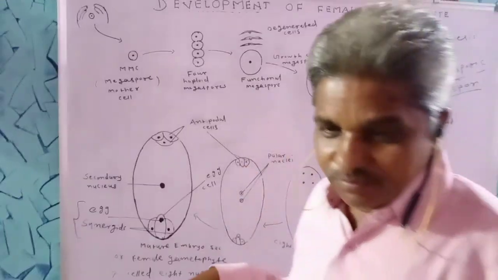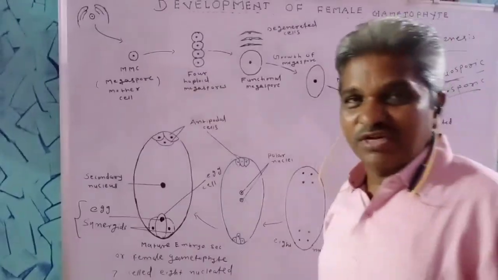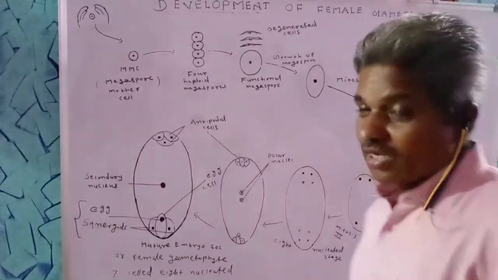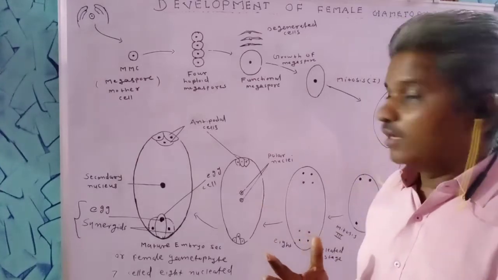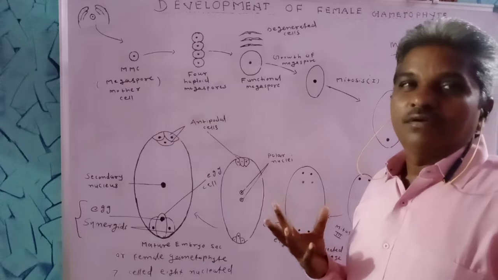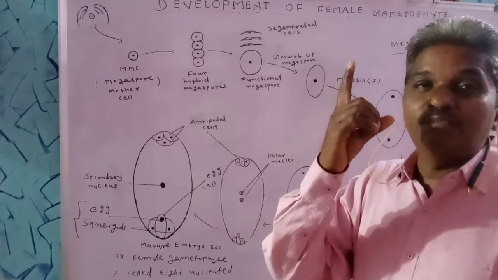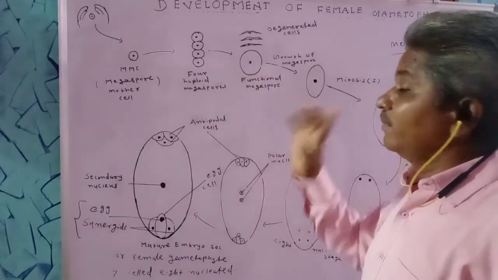Why endosporic? Because all the developmental changes occur within the functional megaspore. And why is it called monosporic? Because the female gametophyte is developed from a single functional megaspore.